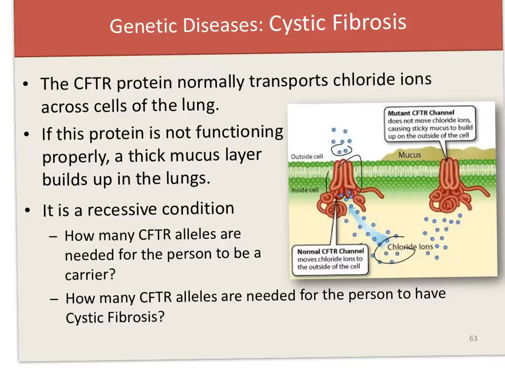Well, it's thought that this protects against typhoid fever. Now, there's not much typhoid fever left in the world, but there is some. So you're still paying a high cost for having 2 copies, but you're also getting a benefit in terms of being resistant to typhoid fever.